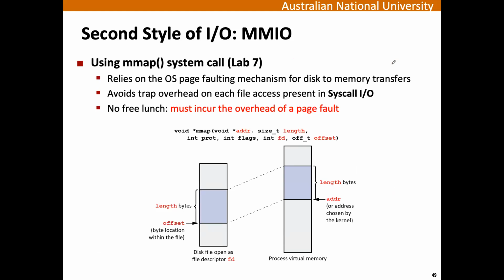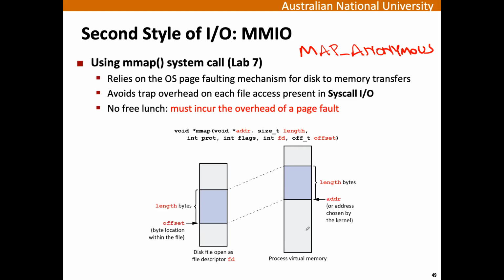In your assignment, you have used the mmap system call with map anonymous. So there is no backing file, but you can use the same mmap system call to back a part of your virtual memory by a file.